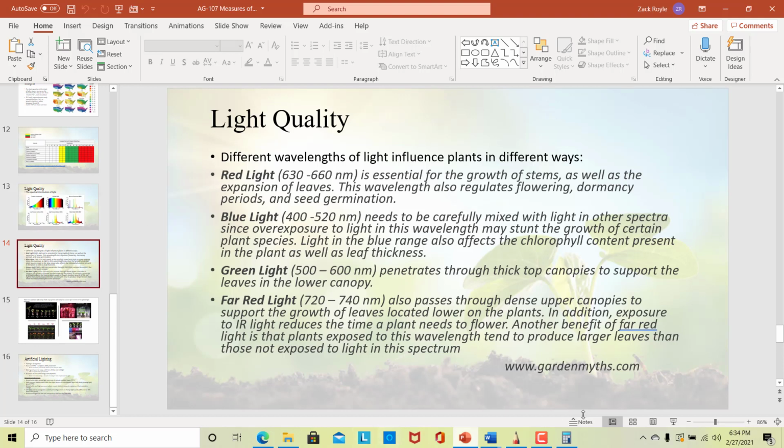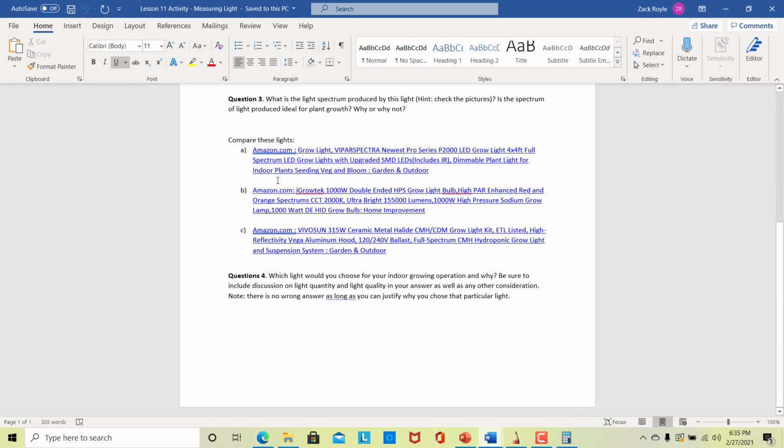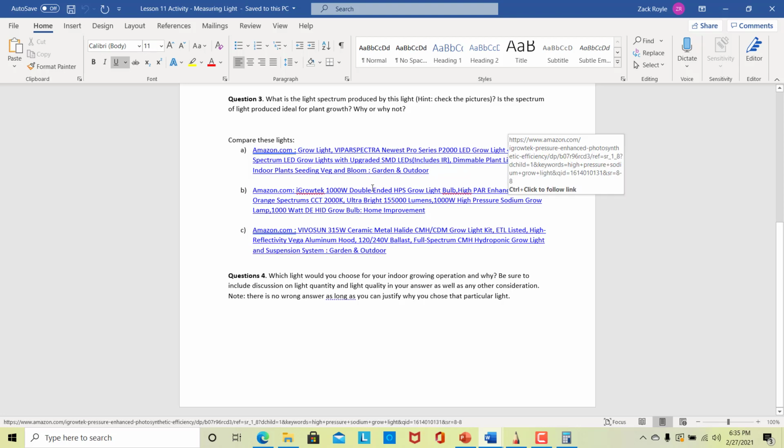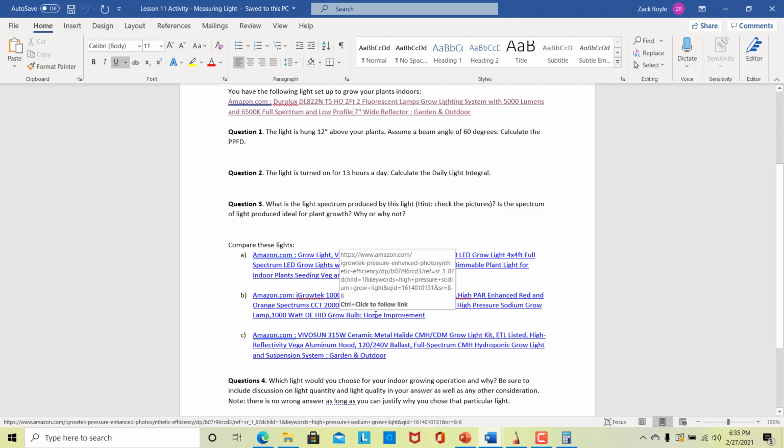And then for this last question that I pull up here, I want you to compare these lights. And again, you can do this in different ways. You can look at the light quality, so that light spectrum. You can look at the light intensity, so you can convert all of these into PPFD or just compare them by how many lumens they're producing.